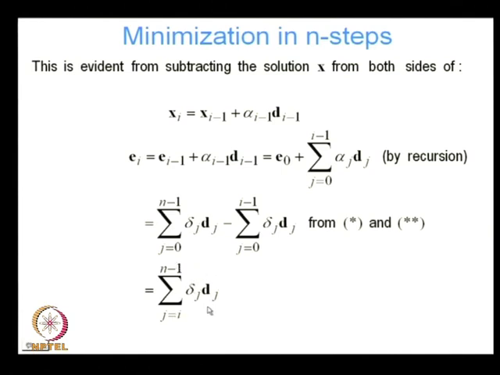It no longer has components in the basis vectors 0 to I minus 1, but remember my original E 0 had components in all these directions, from 0, 1, 2, 3 up to n minus 1. So, the components in the directions 0 to I minus 1 have gone away because of my iteration.